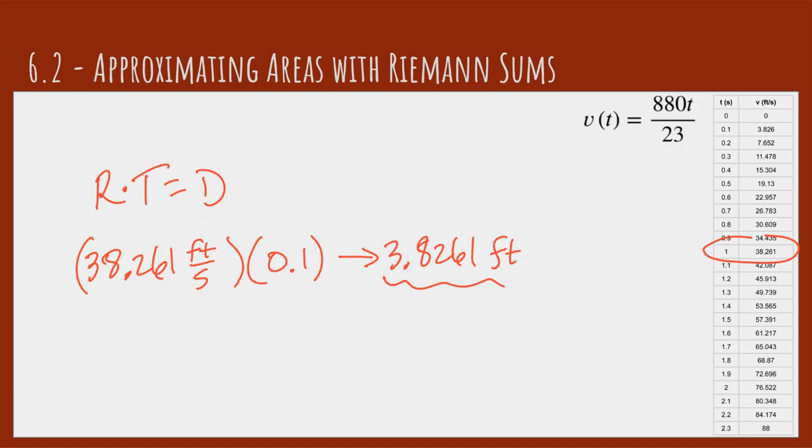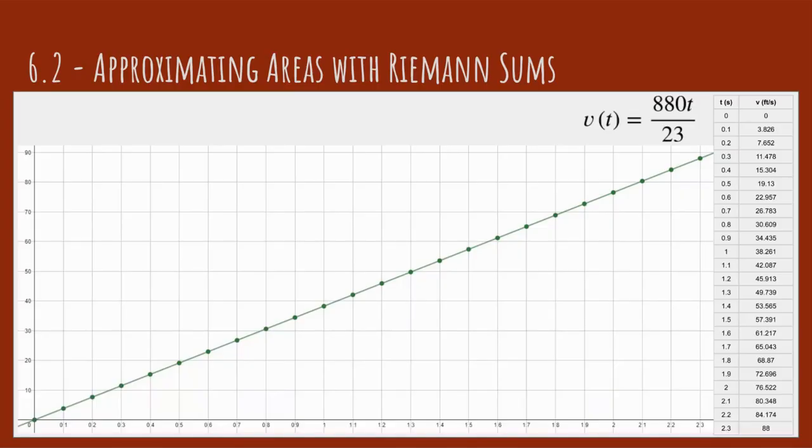I want to look at a graph here, and on that graph, what we just did is the same thing as saying at this 1 second mark, we'll just assume that the velocity is straight here. That's not very straight. We'll assume that the velocity is straight here for that full tenth of a second.